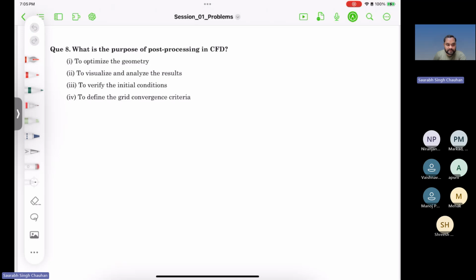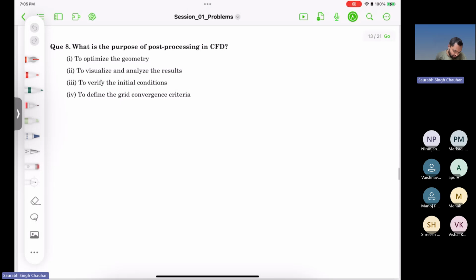Again, no, it is not correct, because the initial conditions we give in the first step itself, in the pre-processing step. To define the grid convergence criteria, no. We do post processing after getting the results to visualize and analyze the results. So the second option should be the correct one.